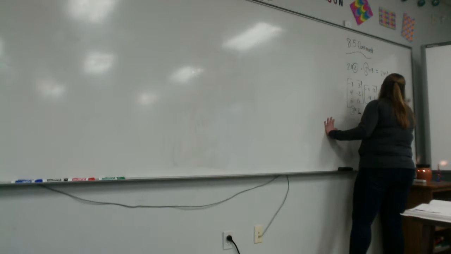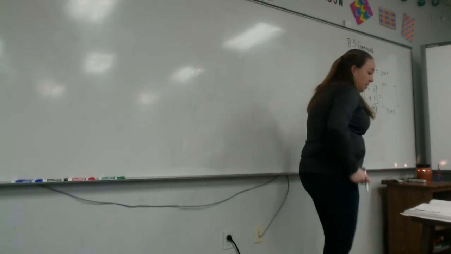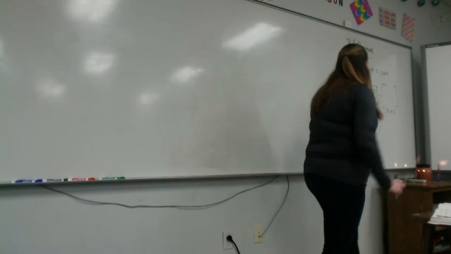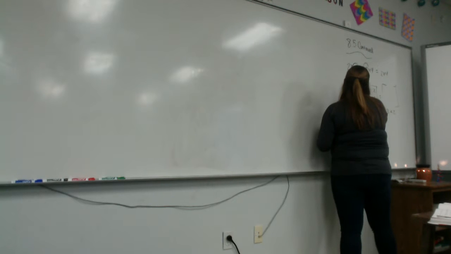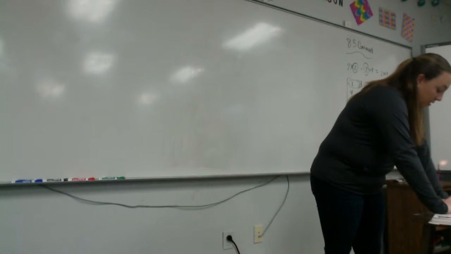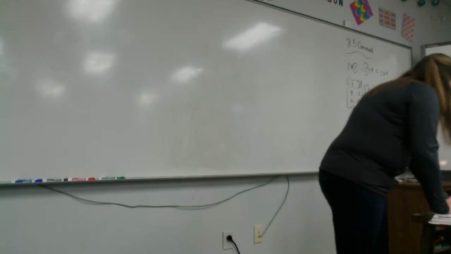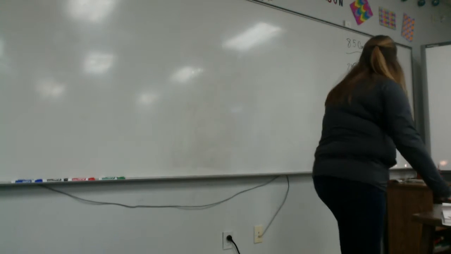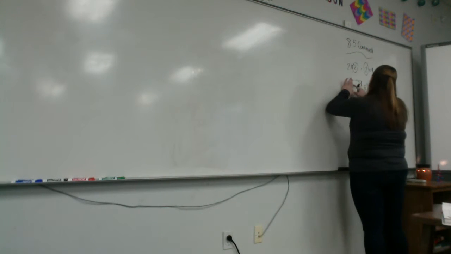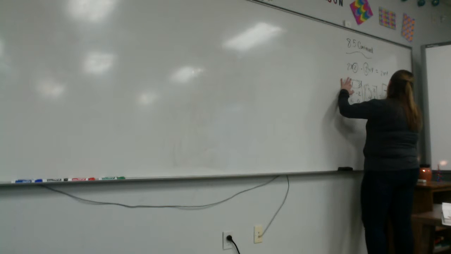Okay. Now, when you multiply matrices together, there's a pattern to follow. You're going to multiply this row by this column. So you multiply the row by the column. So you do -1 times -3 for this spot right here. I do -1 times -3, so I get 3.